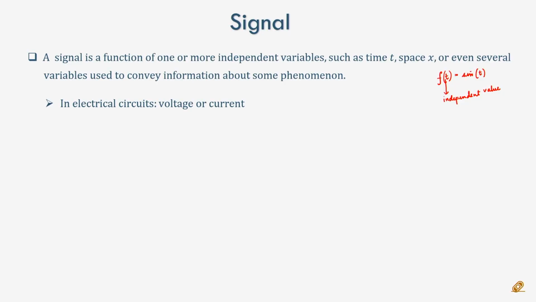Now where can you see signals? For example, in electrical circuits, if you think about an RLC circuit, whether a series RLC or any other configuration, you give inputs to the system. Input signals can be voltage signals, and the output, say you are taking the voltage across some capacitor, will become your output signal.